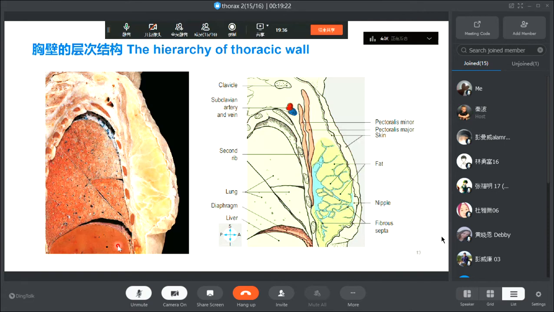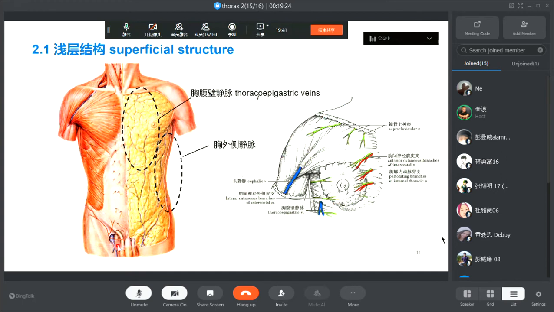And in the last class, we also covered the superficial structure.